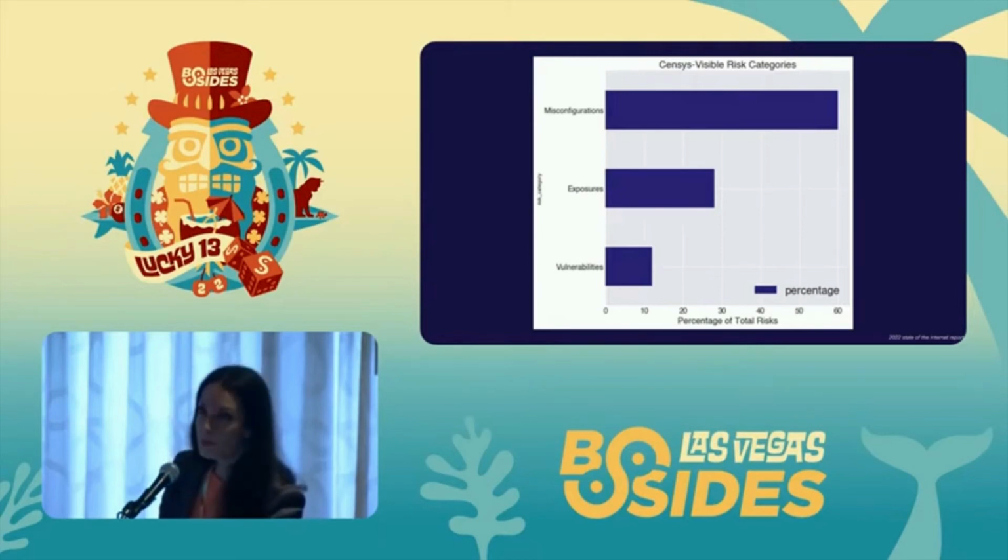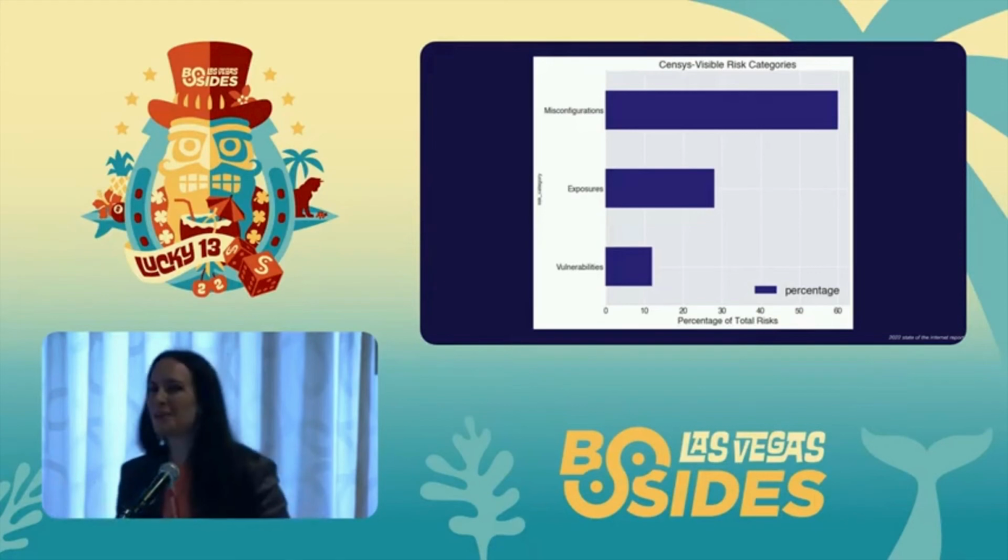And again, I will say there is certainly some inherent bias in this data because of what we're good at seeing and detecting. But I also think this is a really interesting perspective, because there's a lot of noise around 0-days, really hot vulnerabilities, really cool technical exploits. And I mean, they are cool.